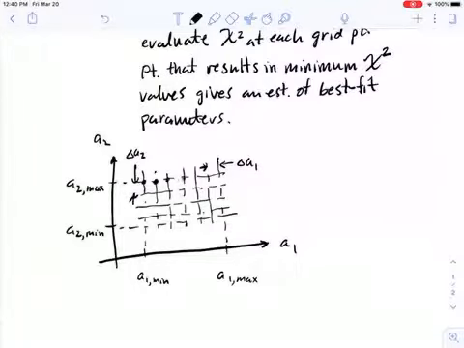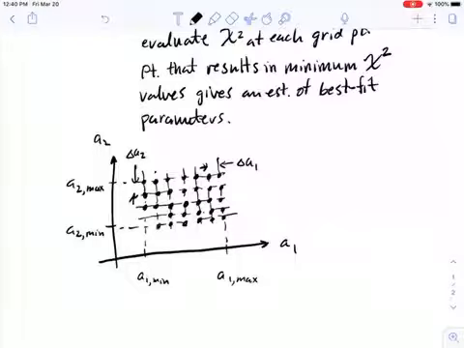And then at each one of these grid points, we're going to calculate chi-squared, and one of them is going to give us the smallest value of chi-squared, and that is what we'll select as our best fit parameters.